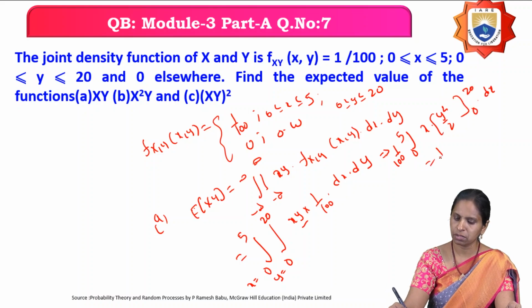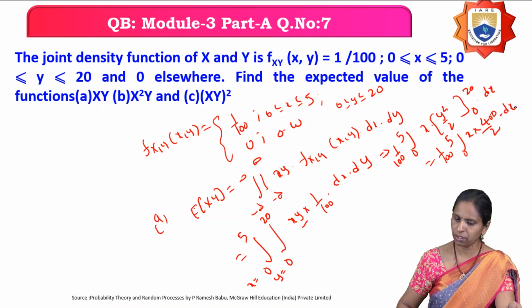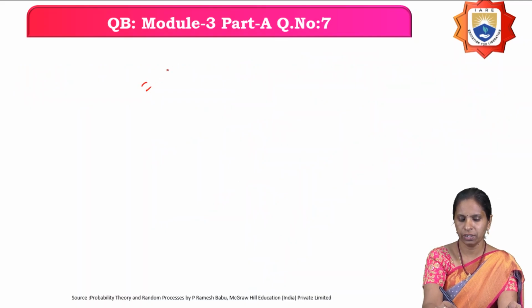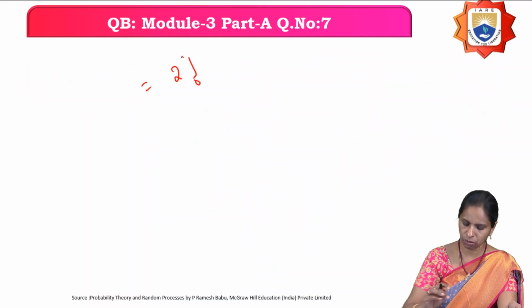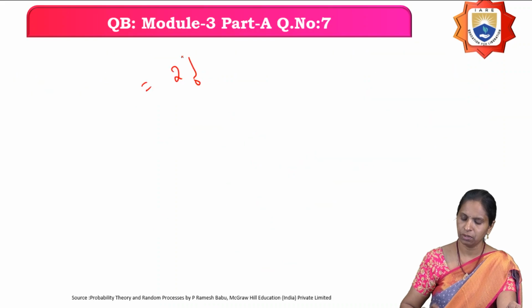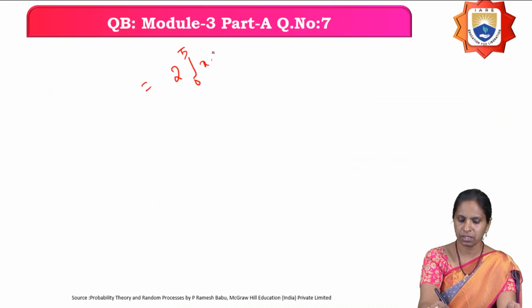That equals 1 by 100 into integration 0 to 5 of x, substituting the lower and upper limits, we obtain 20 square, which is 400 by 2, into dx. Then you are going to get 2 into integration 0 to 5 of x dx, that equals 2 into x square by 2 from 0 to 5.